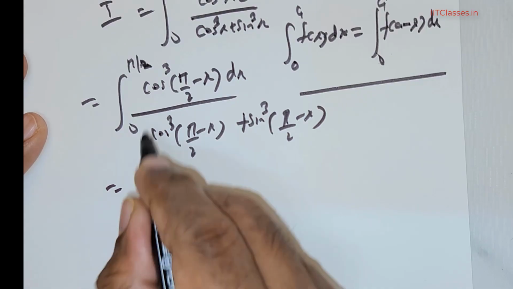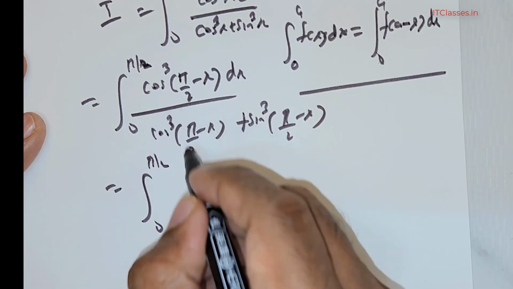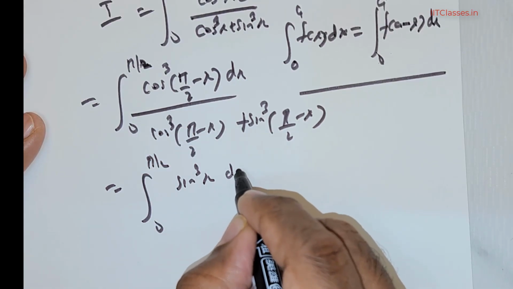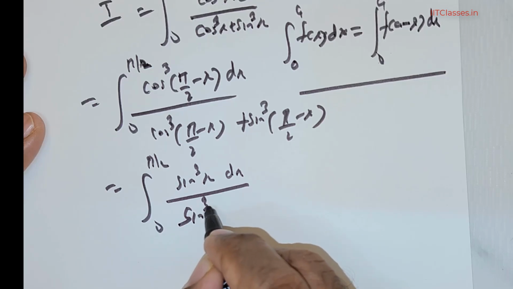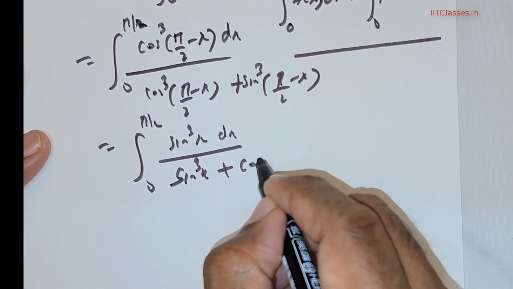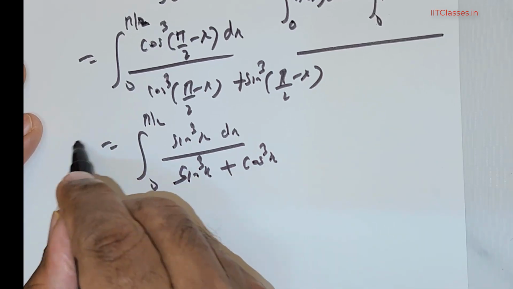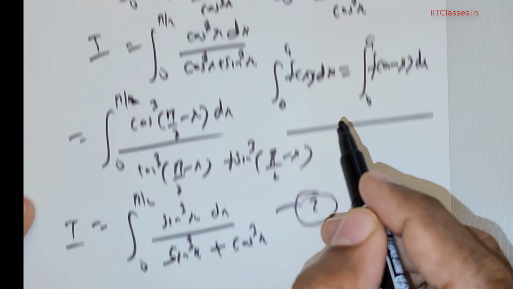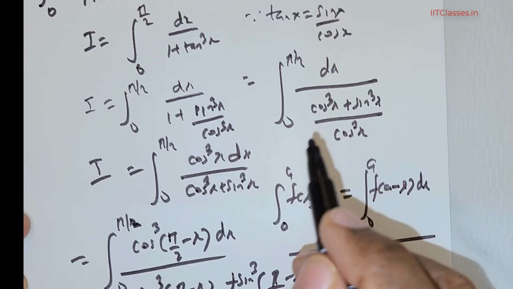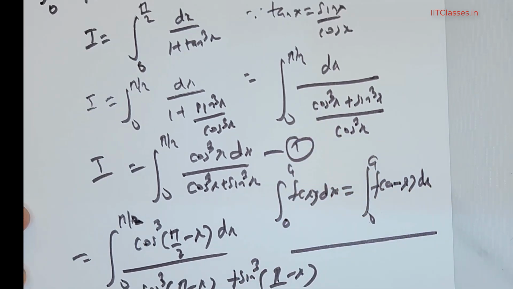This is what we have got. This could be rewritten as the integral from 0 to pi over 2 of sin cubed x dx divided by sin cubed x plus cos cubed x. Now I take this as 2 and I take this as 1, adding 1 and 2.